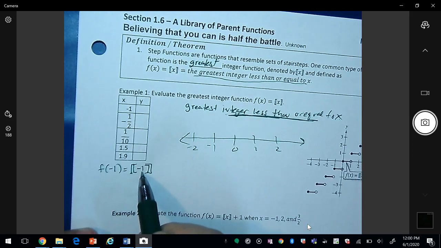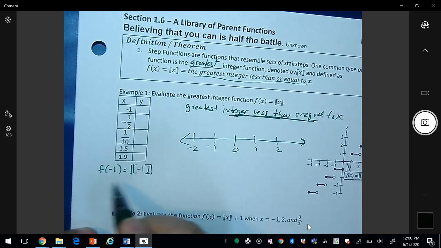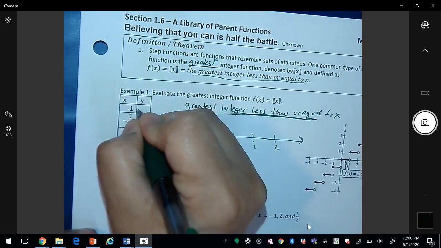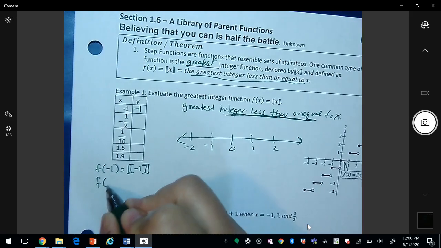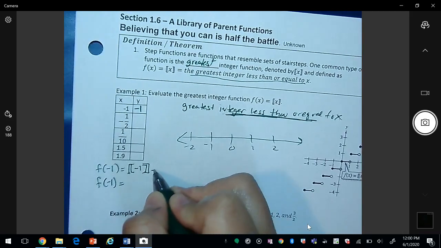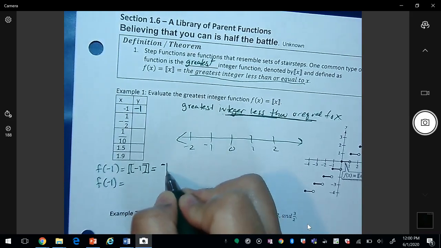Since -1 is an integer, then this is just going to come out as -1. My y would be -1. So this is just going to be -1.